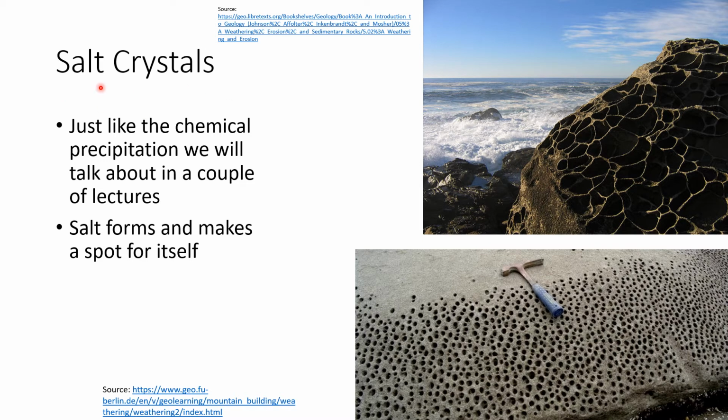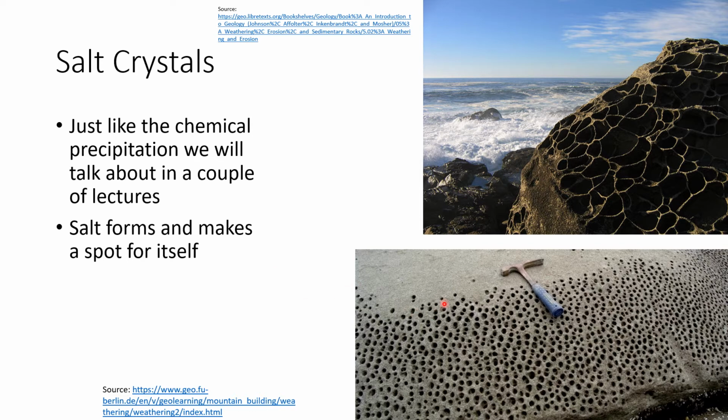And salt crystal wedging, or salt crystal weathering. Now, remember, we're still talking physical, so we're not talking about any chemical action of the salt. We're just talking about as the salt crystals form, they might start to form in a place where there's not really room for them. Well, as they form, just like the water crystallizing into ice, the salt crystallizing into salt crystals exerts a crystallization pressure, a force, and it'll wedge apart things.